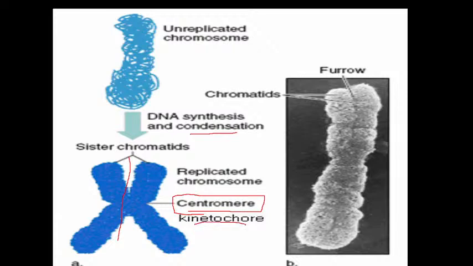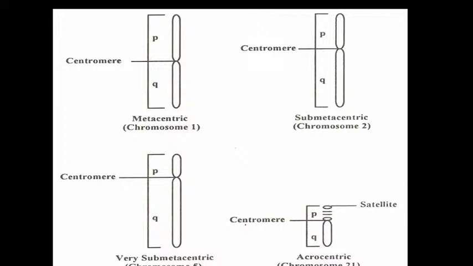Now, the mitotic chromosome will have a constriction at the middle portion, and that region is called the centromere. The centromere is a constricted chromosomal region at which the two identical sister chromatids are attached, and it is very important during mitosis, or cell division.